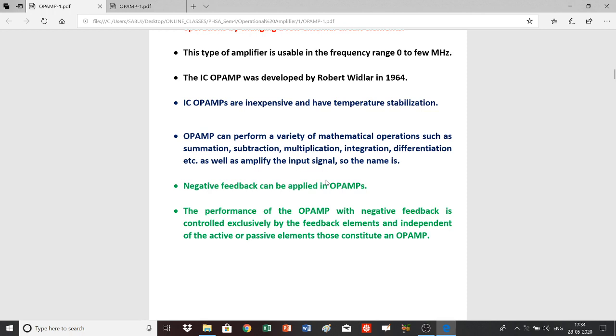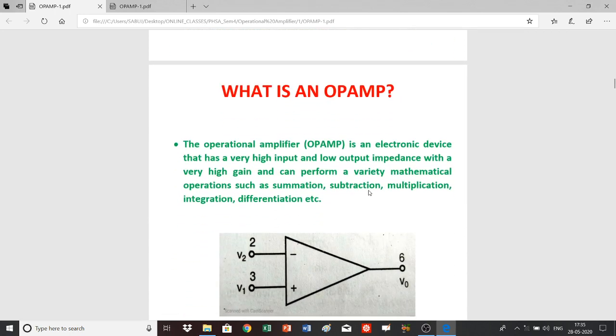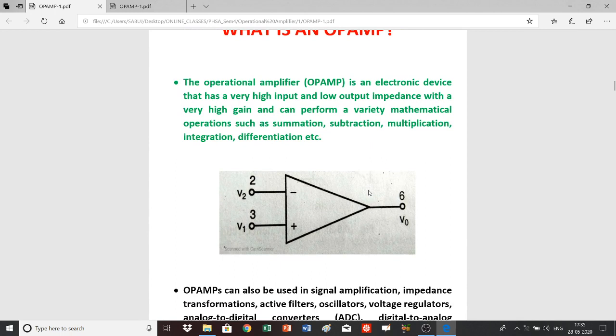And also negative feedback can be applied in operational amplifiers, and in case of negative feedback, the activity can be controlled exclusively by the feedback elements, but not by the active or passive elements that constitute an OPAMP.